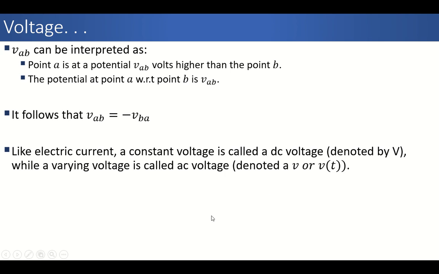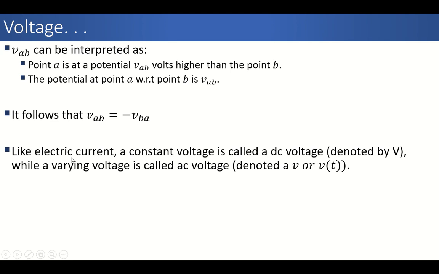And one more thing, voltage or potential difference is a scalar quantity. It does not have any direction in space, but voltage can be positive, voltage can be negative, and potential can be zero. If the potential between two points is zero, it means the points are at the same potential. In that case, the difference of the potentials will be zero.